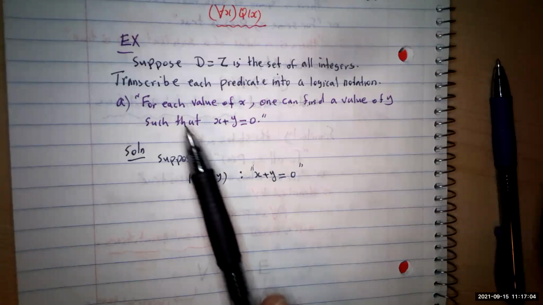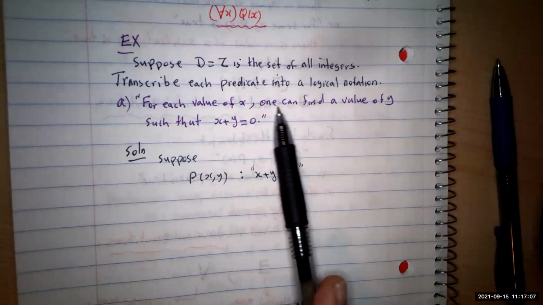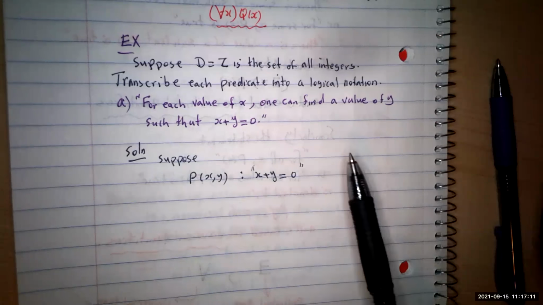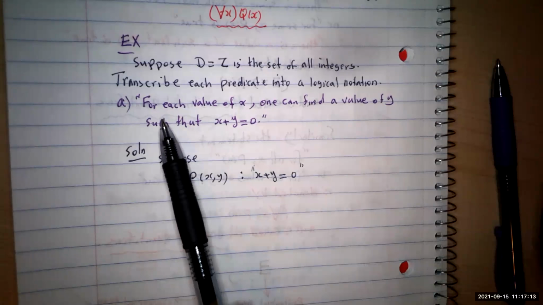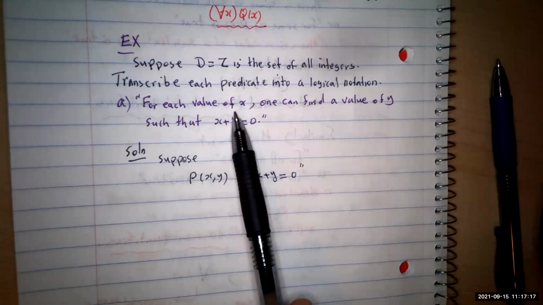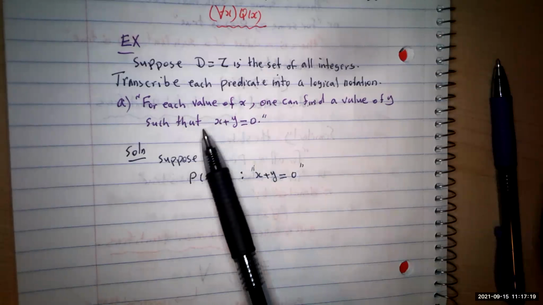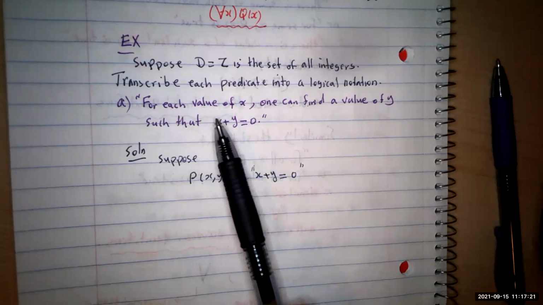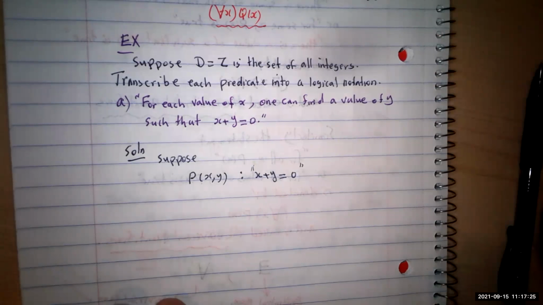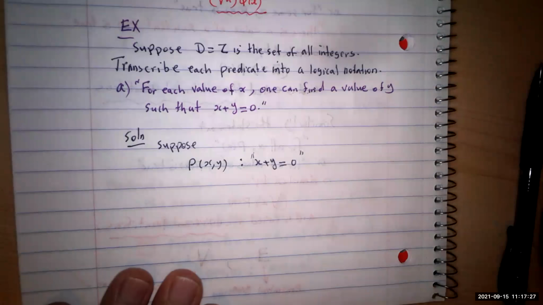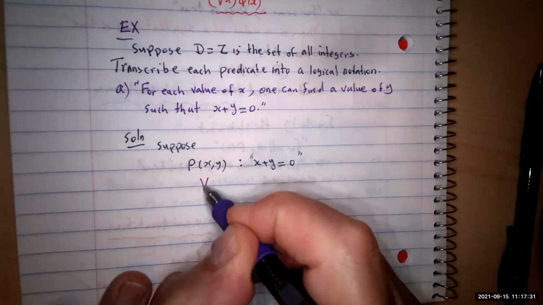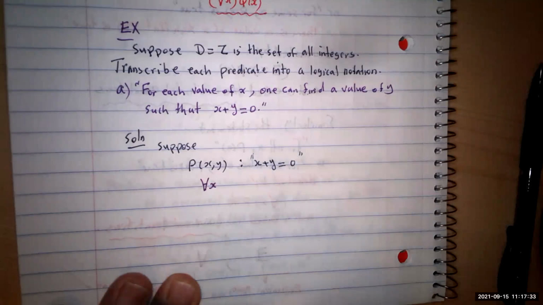Now you have to change it into quantifiers. For the first part, for each value of x means for all values of x, so this is going to be a universal quantifier: for all x.